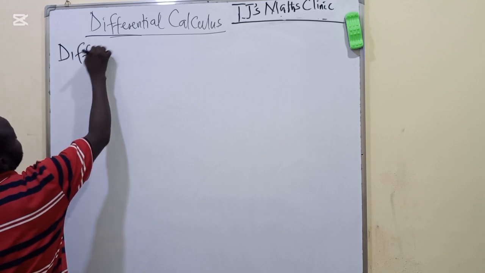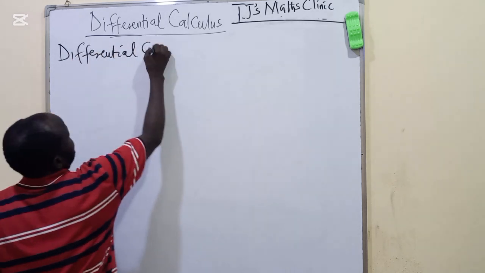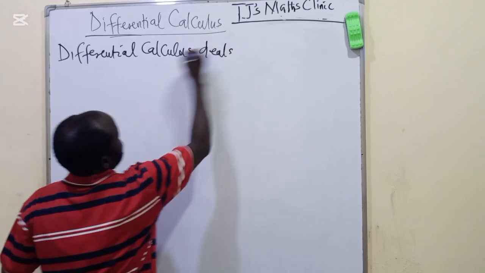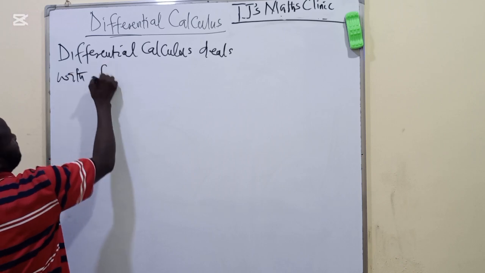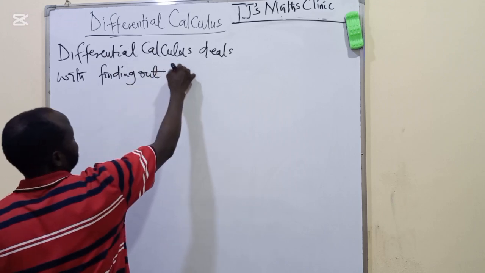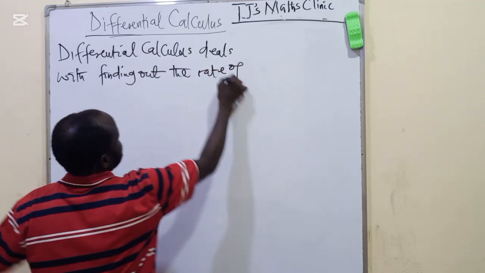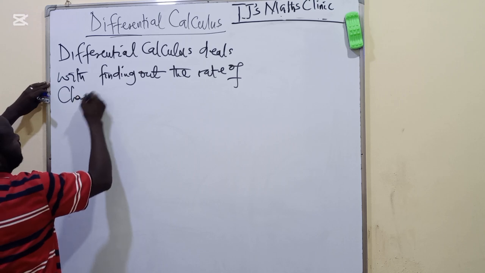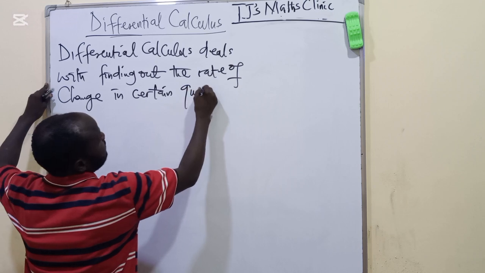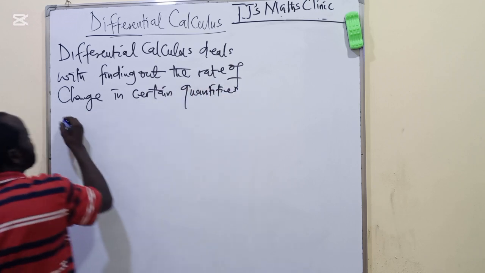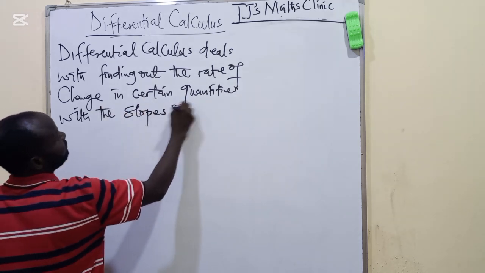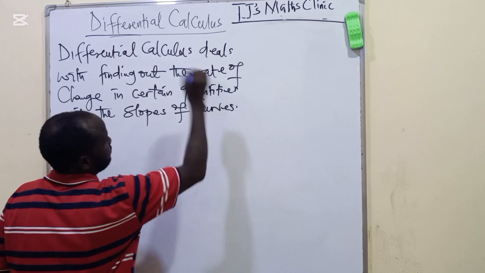Differential calculus deals with finding out the rate of change in certain quantities with the slopes of curves.